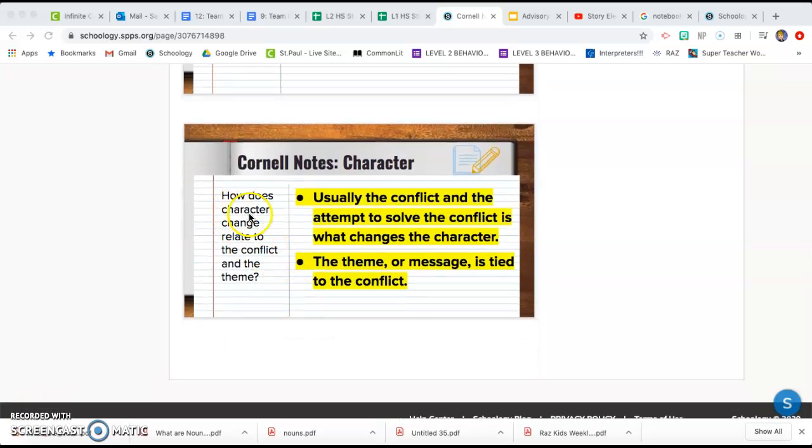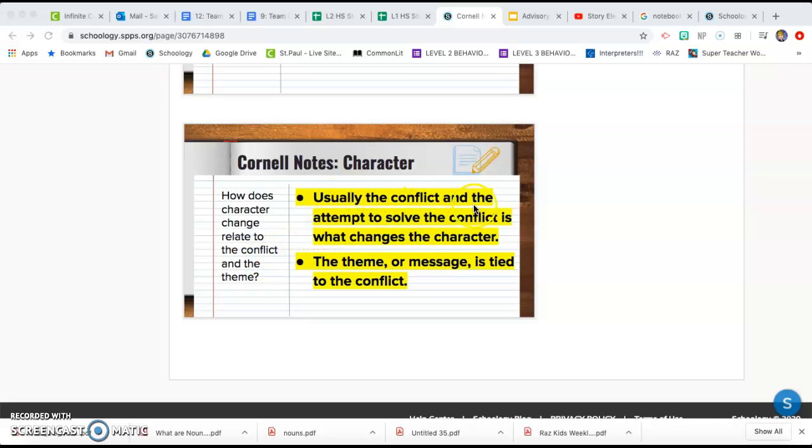The last thing is, how does character change relate or connect to the conflict and the theme? These are new words today, and we will continue to talk about them in the future. But for now, please copy this.